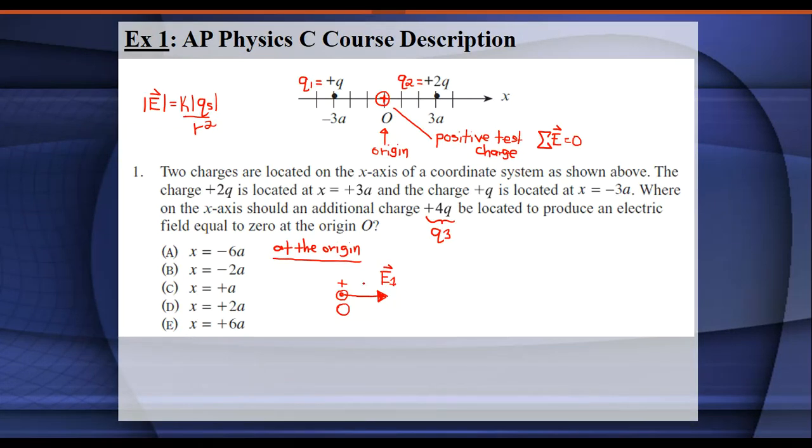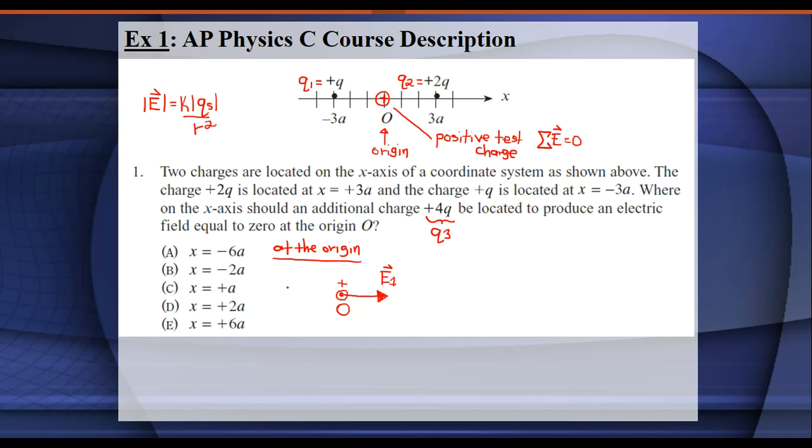E1 just means it's the electric field at the origin due to Q1. Now, E2 would be the electric field at the origin due to charge 2. This is also going to cause a positive test charge to repel away. So E2 is going to be towards the left.